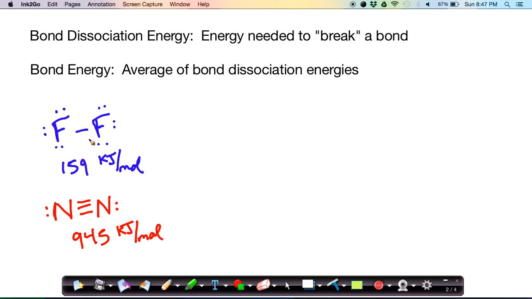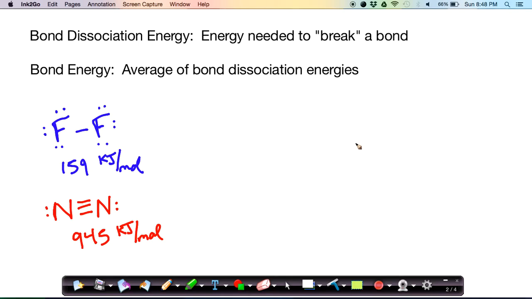So for instance, for diatomic fluorine, it's about 159 kilojoules per mole. That would be the amount of energy that we would need to input in order to separate or break 1 mole of fluorine-fluorine bonds.